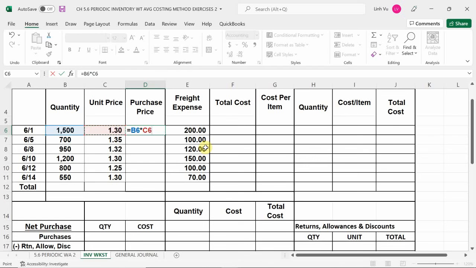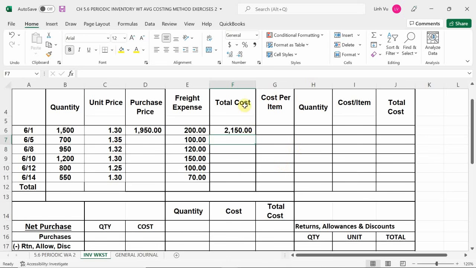This is the inventory problem for weighted average part 2, the second one, just so we can keep practicing our calculations. 1,950. 1,950 plus 200. 2,150. In this case, we already know we have a whole bunch of purchases, so no need to calculate your cost per item for the first one at least.